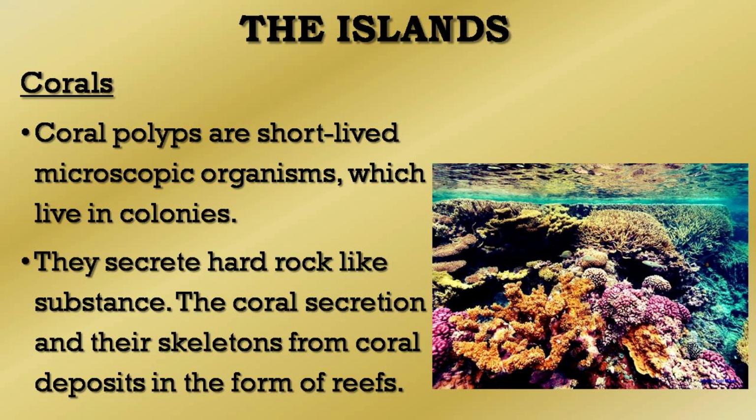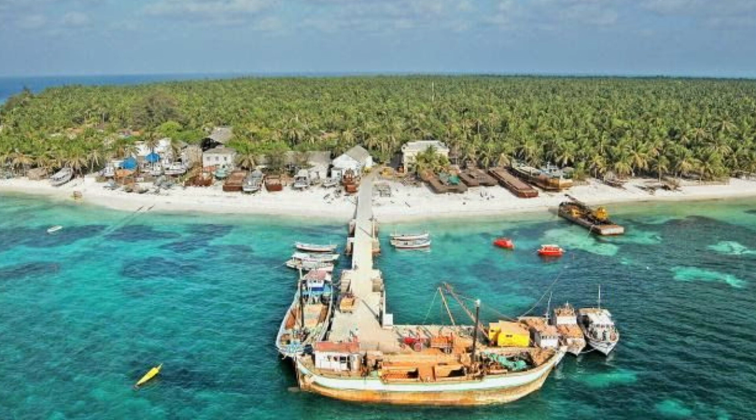So it is believed that the entire Lakshadweep Island is made up of corals, the coral reefs, which live in the shallow sea of the ocean. Lakshadweep is also famous for a sanctuary. Pitti Island in Lakshadweep is famous for a bird sanctuary.